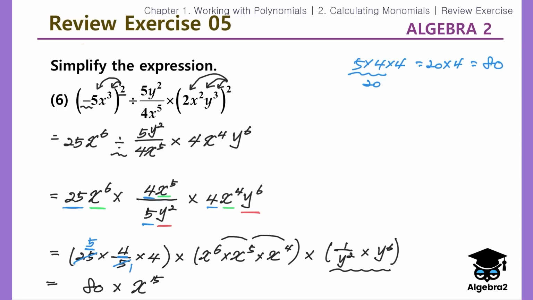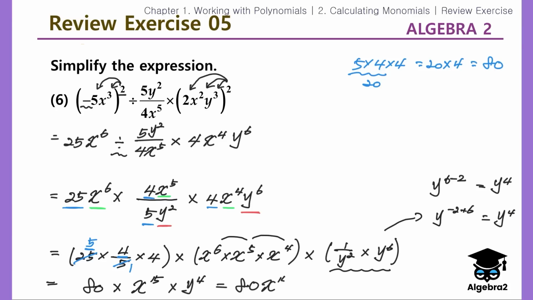So we can rewrite this as y to the negative 2 plus 6, or y to the 6 minus 2. It's the same thing, right? y to the 4. So either way is fine. So this is y to the 4. So our final answer is 80 x to the 15, y to the 4.